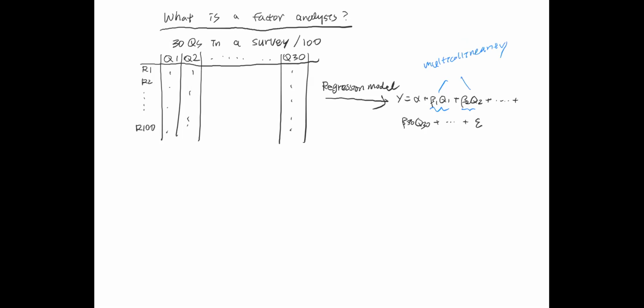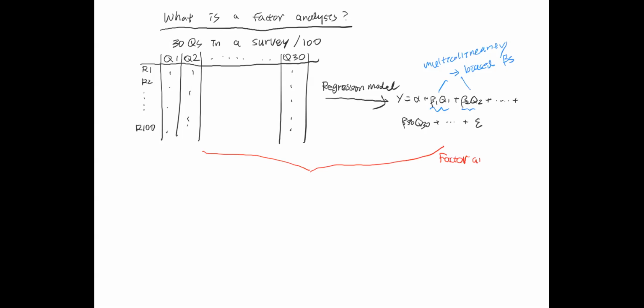If it occurs, that will produce biased estimators, biased betas, so we don't like that. One way to resolve this issue is the factor analysis. We can run the factor analysis to resolve this collinearity issue.